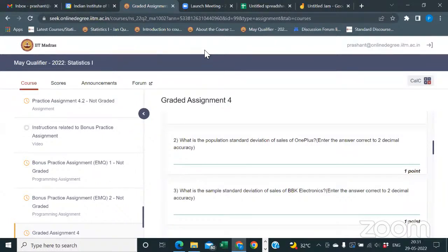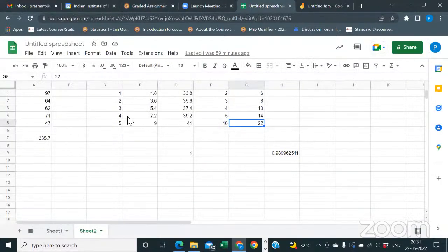Suppose you have x as 1, 2, 3, 4, 5. And what is y here? X whole square, right?